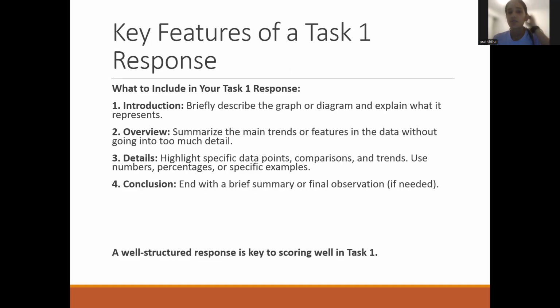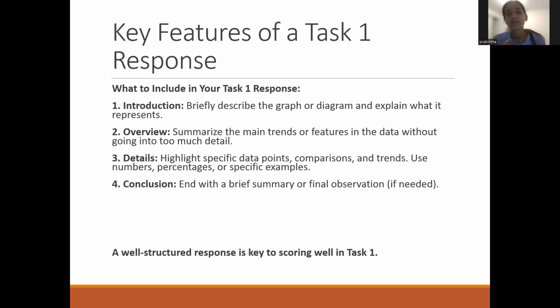So moving forward, whenever you're starting any kind of writing, you need to start with a basic introduction, right? So you need to briefly describe the graph or diagram and explain what it represents, what you're going to tell, right? Then you're going to summarize the main trends or features, right? You do not have to go into too much detail, but just summarize the main trends.